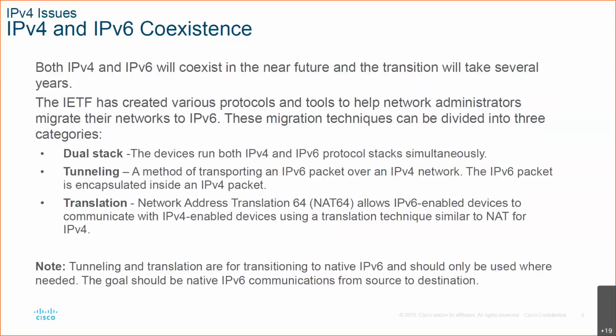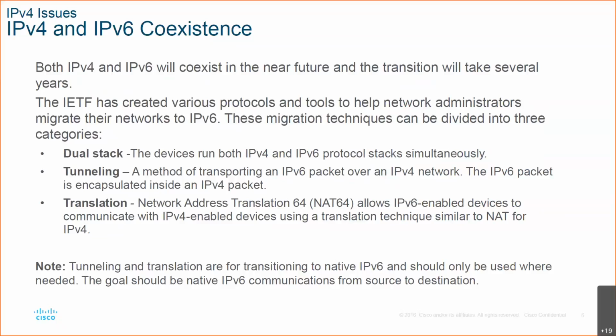So we have to use both IP version 4 and IP version 6. So dual stack is one way. Tunneling is another way, where your IP version 6 packet can exist on an IP version 4 network. How? It is encapsulated inside an IP version 4 packet. An IP version 6 packet is encapsulated inside IP version 4 packet when you do tunneling.